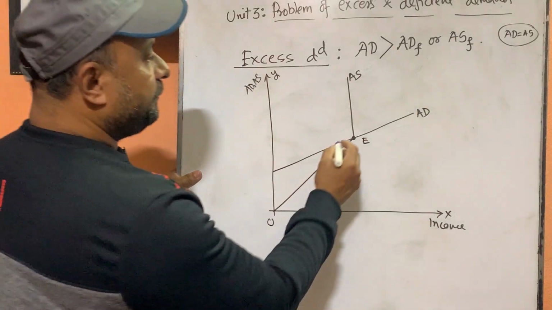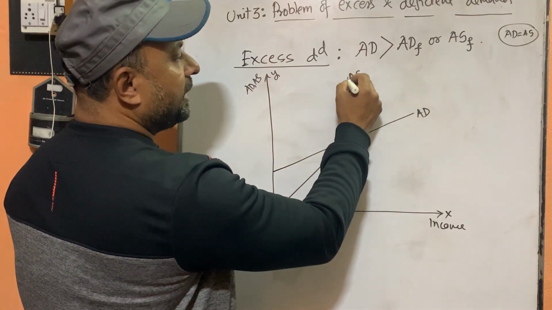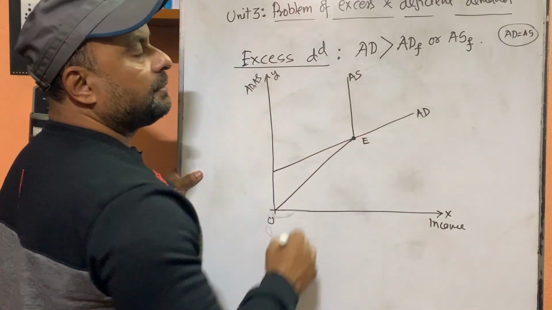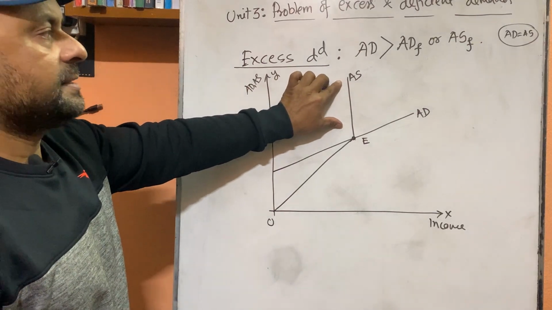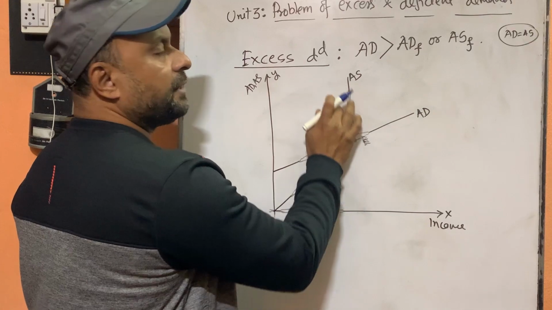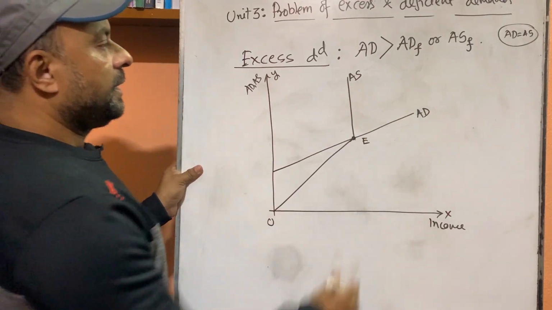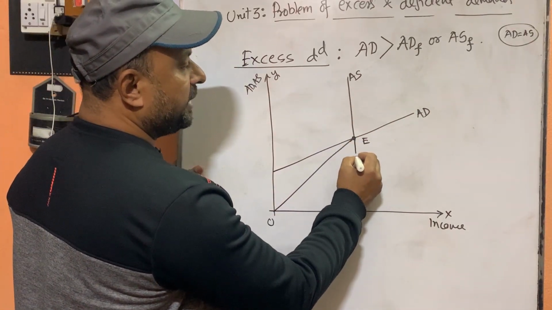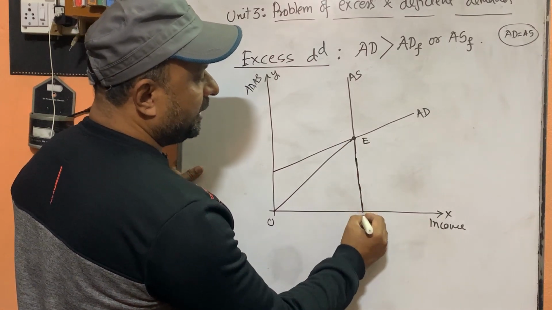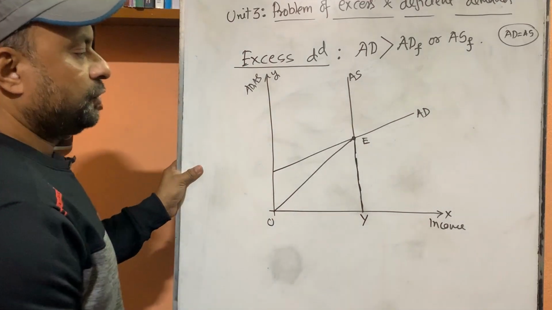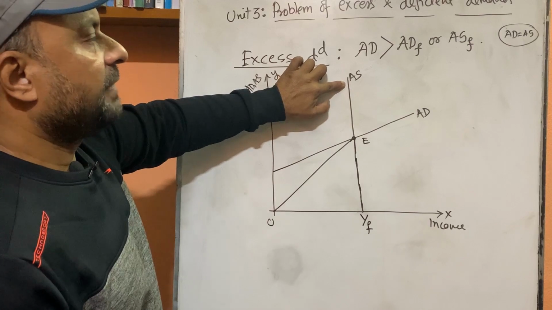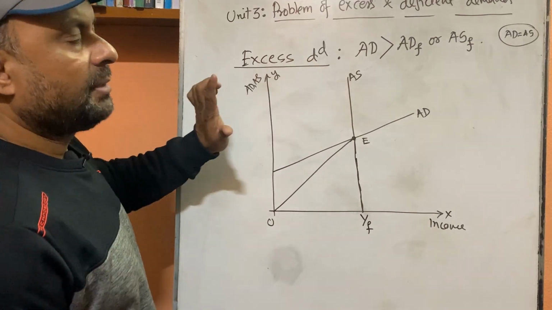After the full employment level, the aggregate supply curve becomes vertical. What does that mean? After full employment, production cannot be increased because employment cannot be increased. So this much is the country's full employment level of income and output. This is the normal situation.